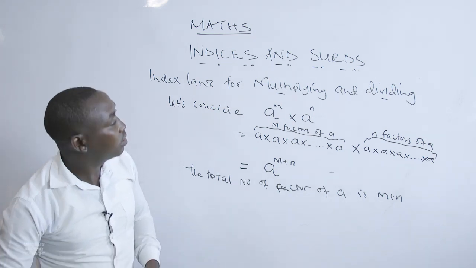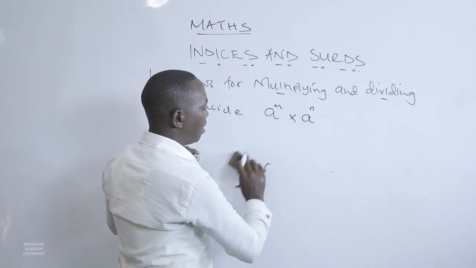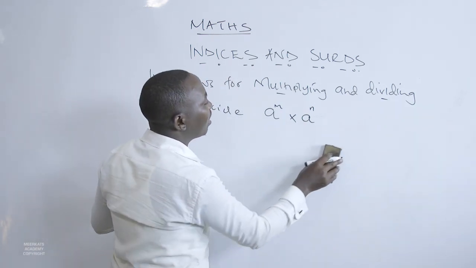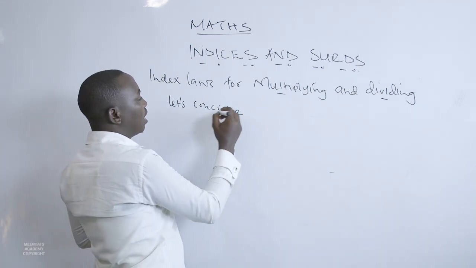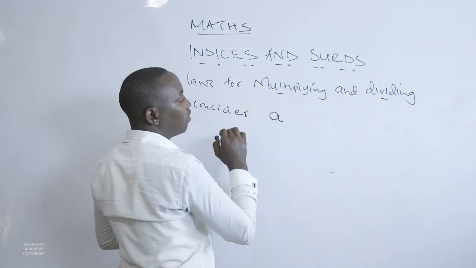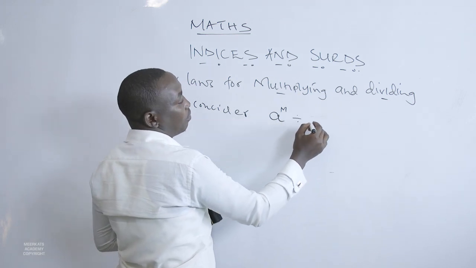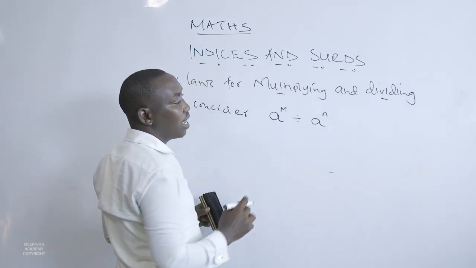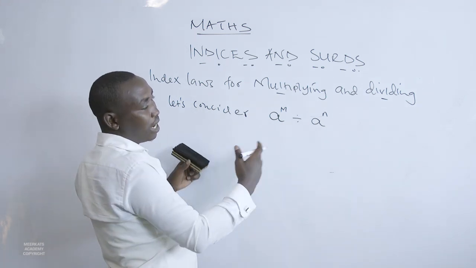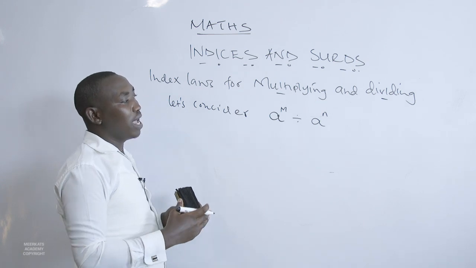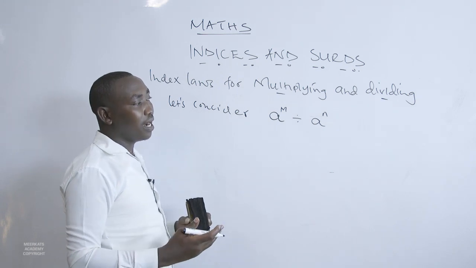The next case is division, where we want to consider again m factors of a and n factors of a. So let's consider a case where you have a raised to the power of m divided by a raised to the power of n. In this case, we have many factors of a which are m, divided by other so many factors of a which are n.